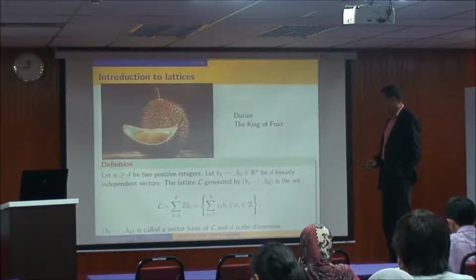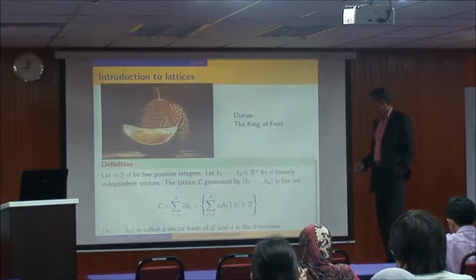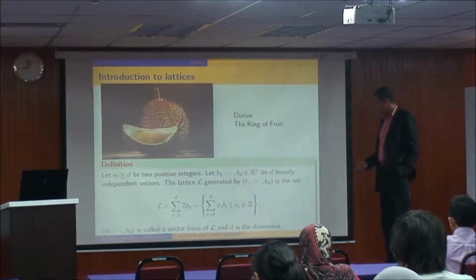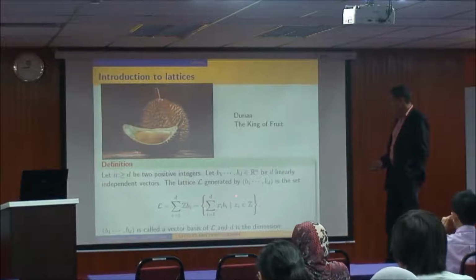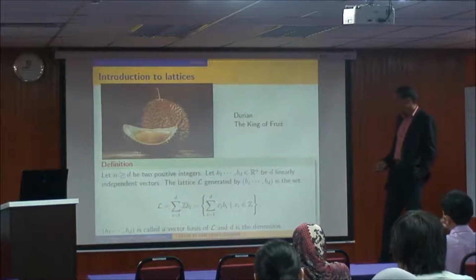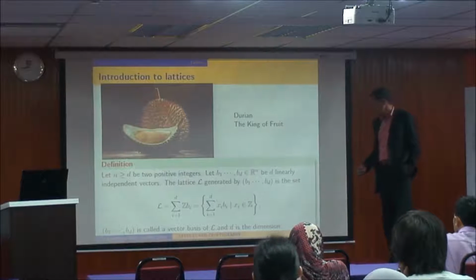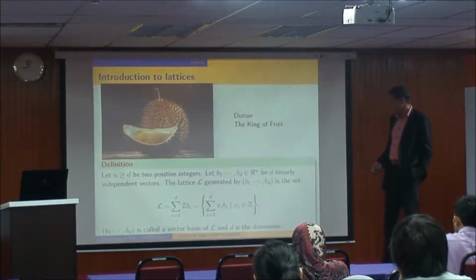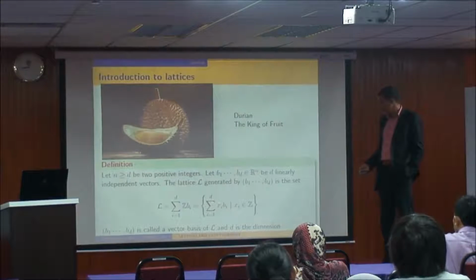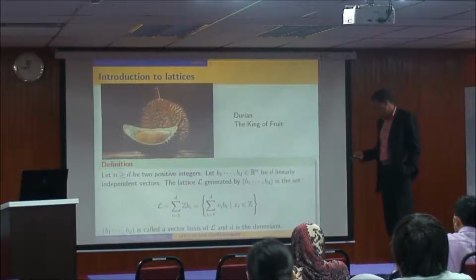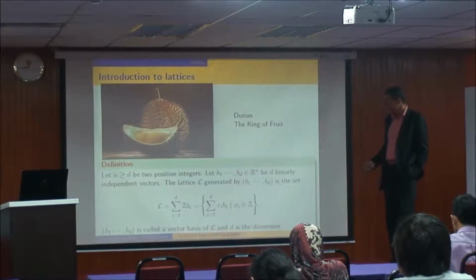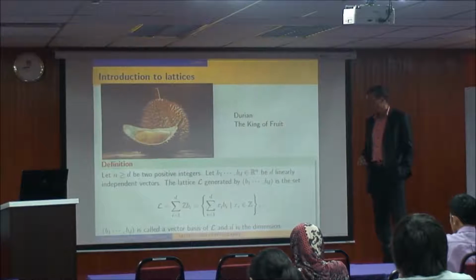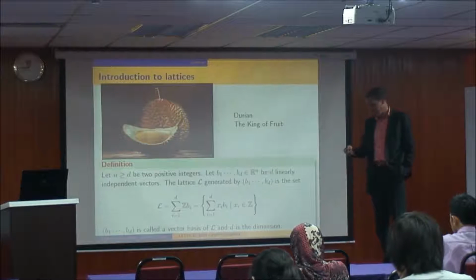Then you can build a lattice with the basis b1 to bd. The lattice will be the set of all linear combinations of these vectors, where the coefficients are integers, and you can find that this set has mainly the properties of vector spaces.